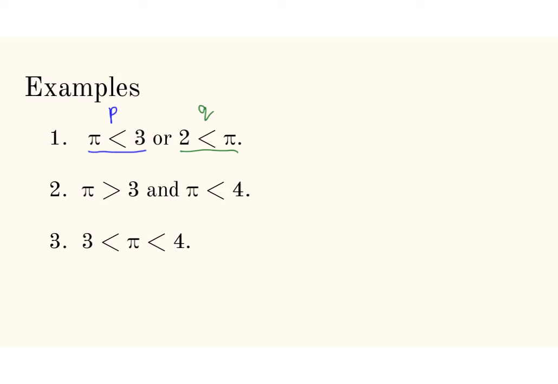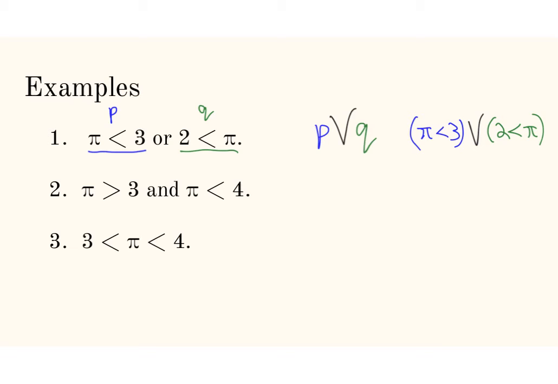If we write this out, we get P or Q. But this isn't really telling us much. We already have math symbols here, so what we really want to write is (pi is less than 3), and I'll put that in parentheses and think of that as a single entity, or (2 is less than pi), in parentheses as well.